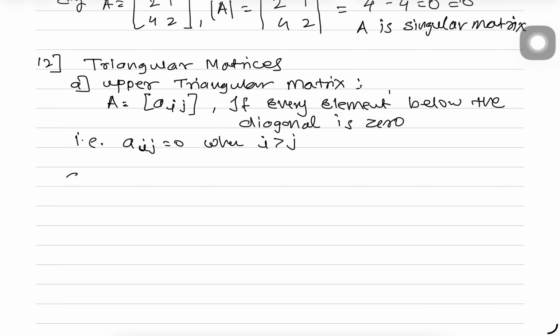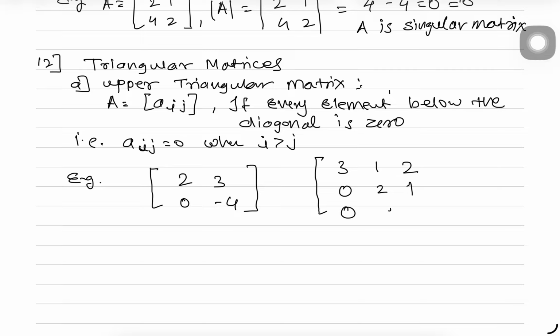Okay, I will show you an example: 2 3 0 minus 4, 3 1 2 0, 2 1 0 0 7.